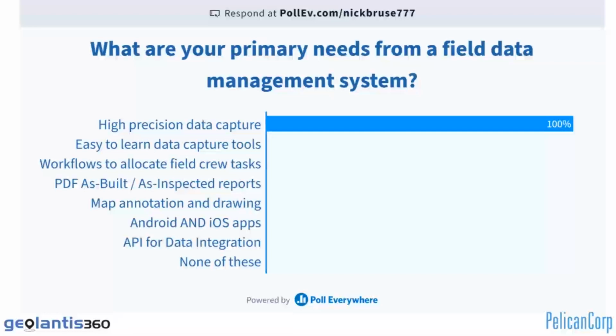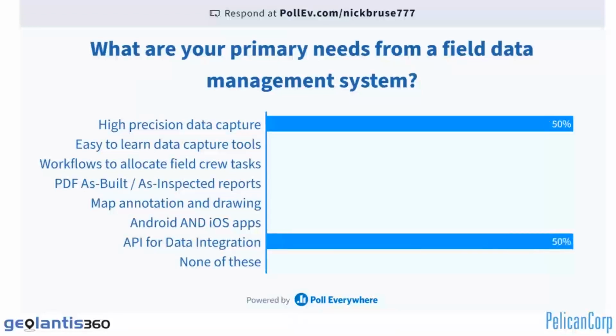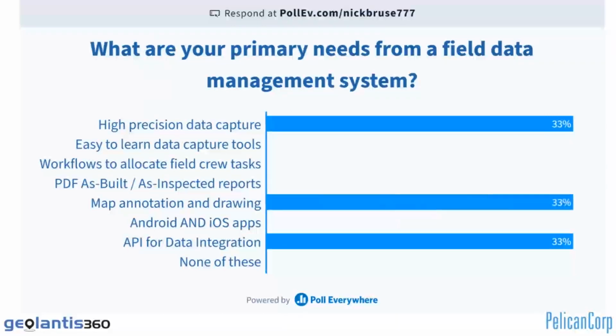You can see there's a list of options you can choose from: high precision data capture, APIs for data integration, PDFs for as-built and inspection reports. There's a range of things there. So please do vote, and give us some moments for those to come through.